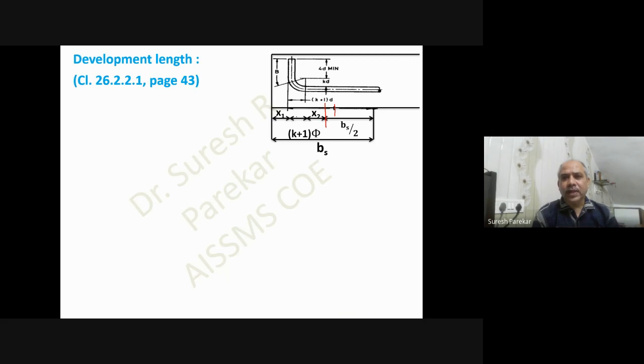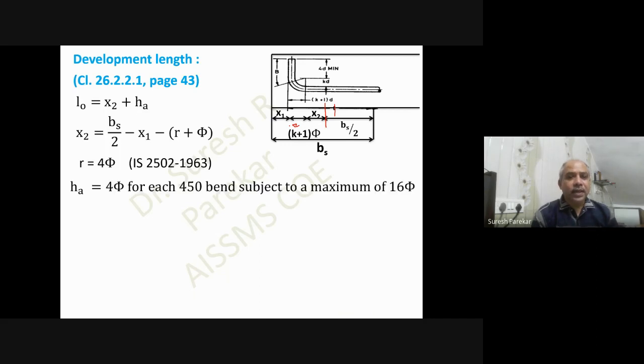Then we have k1 plus (k plus 1) phi, and this is r that we are going to consider, and that value is 4 when we talk about torsion reinforcement. Then HA is 4 phi for each 45-degree bend, subject to a maximum of 16 phi, which we have already seen.